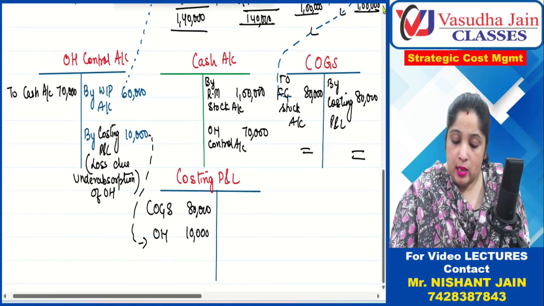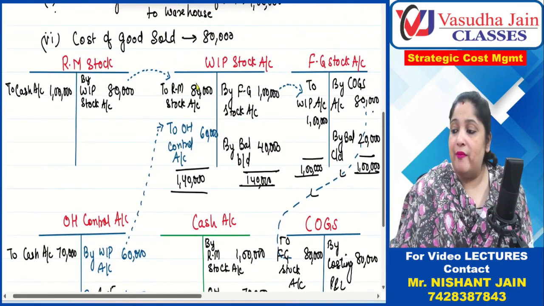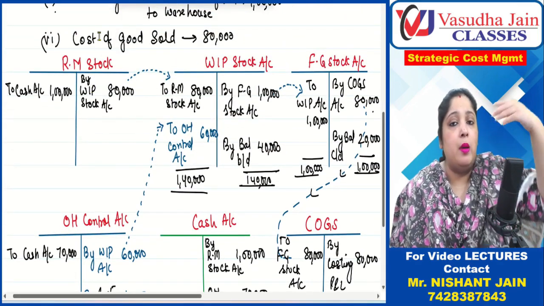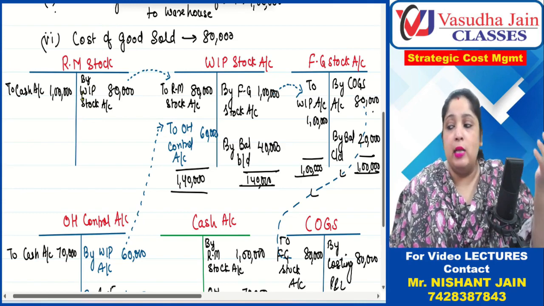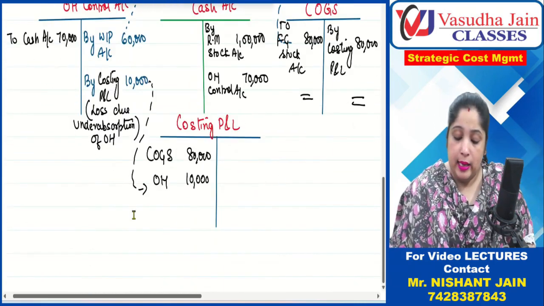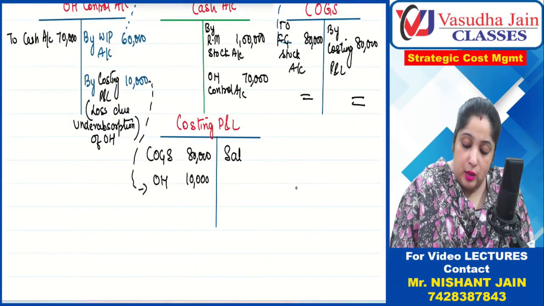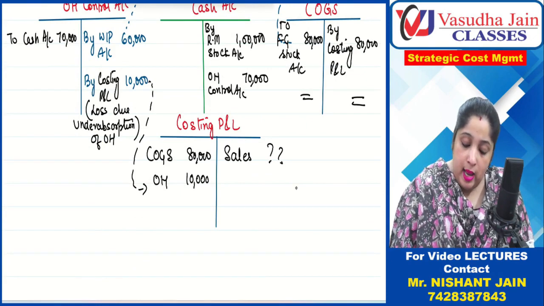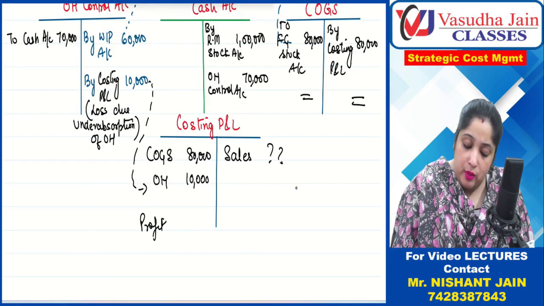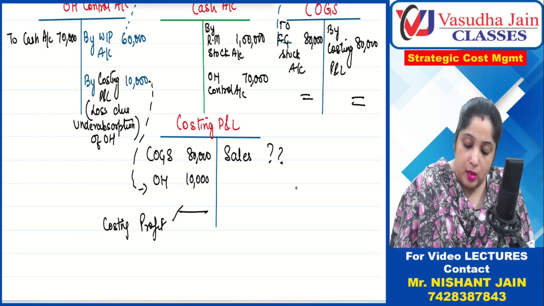And in our example there were no raw material variances. All the variances, whether adverse or favorable, that is gains or losses, will be transferred here. And then whatever your sales are, which is not given in the question, you will write here, and the remaining amount will be your costing profit or costing loss.